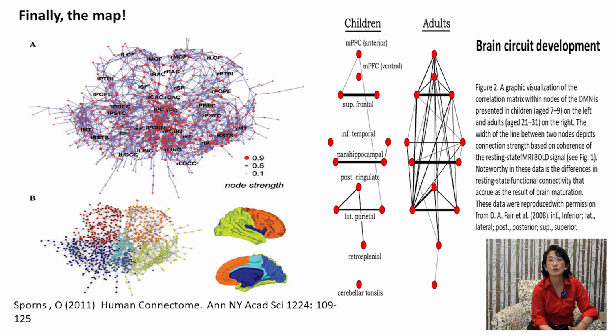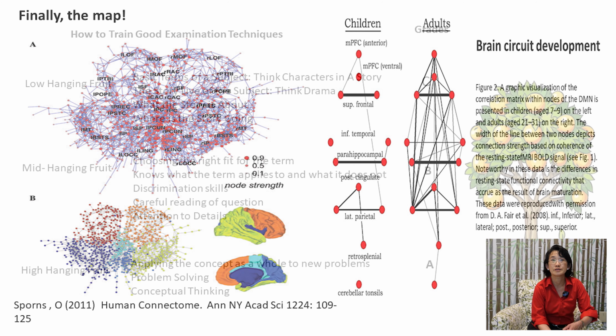The child is still developing. We can calculate the strength of connectivity and create a map of it. And because we are able to create a map, we are able to guide the performance of the child.